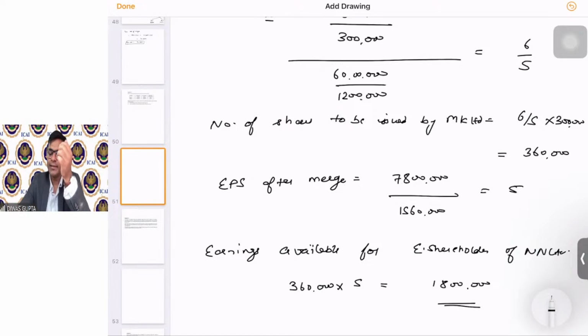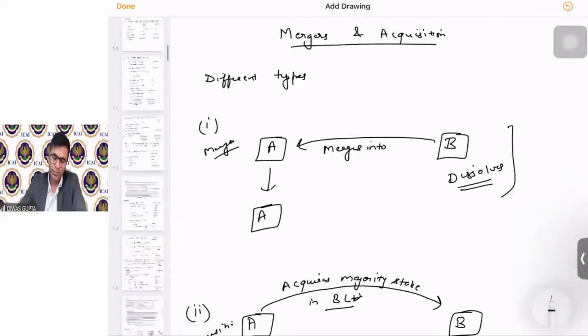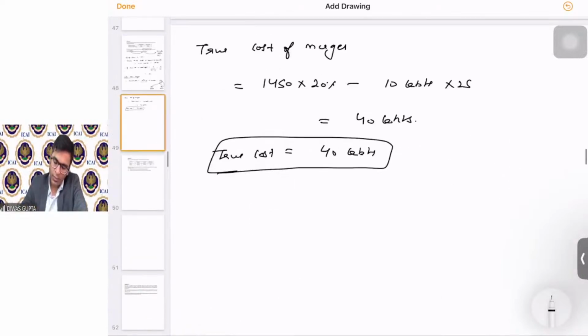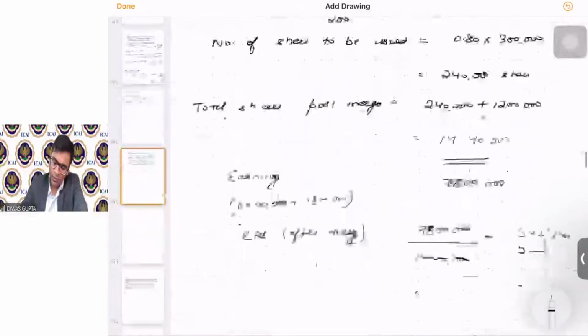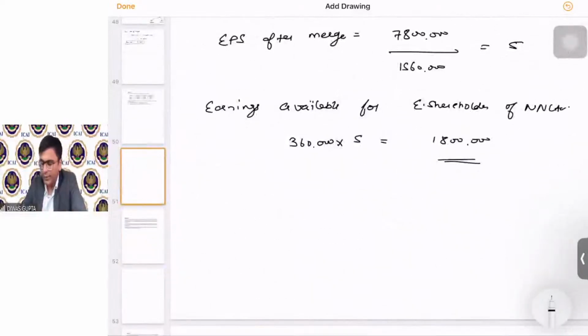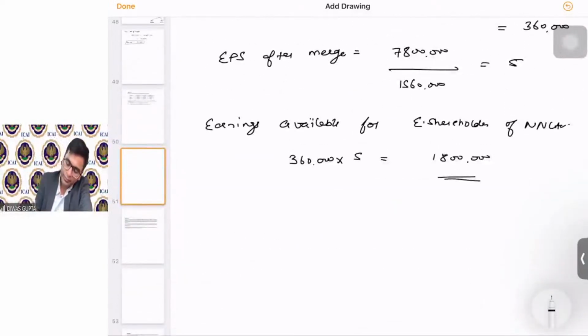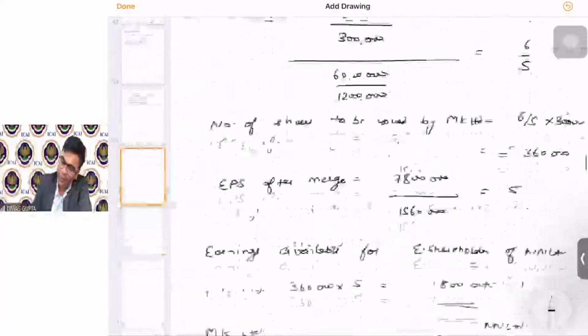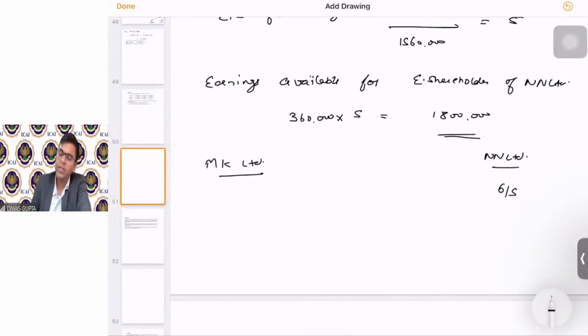Now, if you see, students, in this question, what will MK Limited be interested to offer? There are these two names, na? MK Limited and NL Limited, right? So NL Limited will push for a swap ratio of 6:5. However, MK Limited will push for a swap ratio of 0.8:1, right?